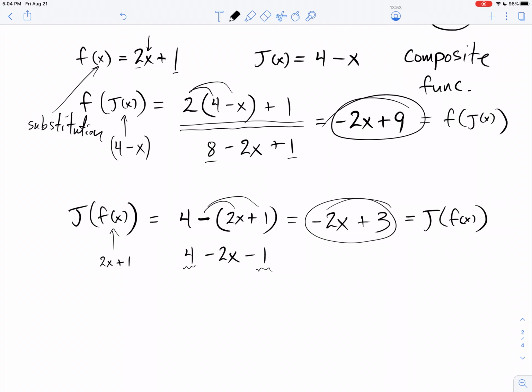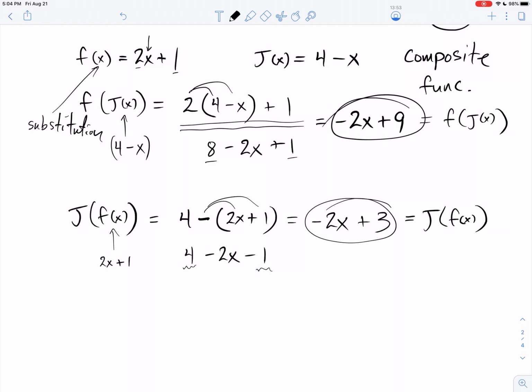G of x, whoops, let's get him. Oh, dang it, I'm sorry. There it is. I lost my spot. I should have marked it with a box or something. So I'm going to take this. Heck, I'm going to use f, and I'm going to do f of g of x.